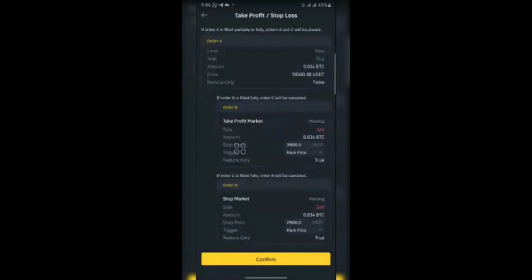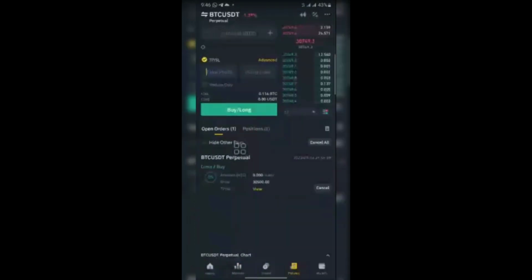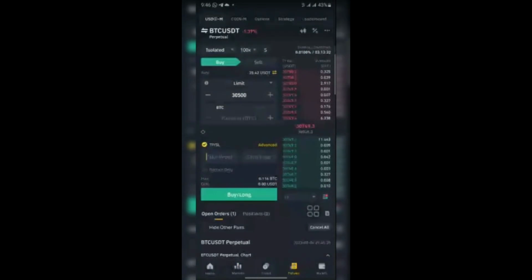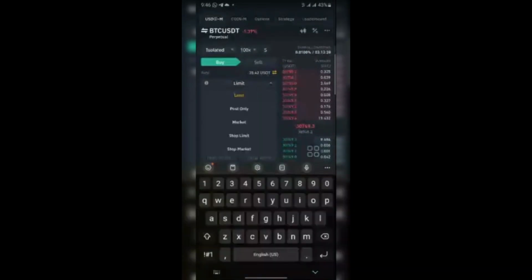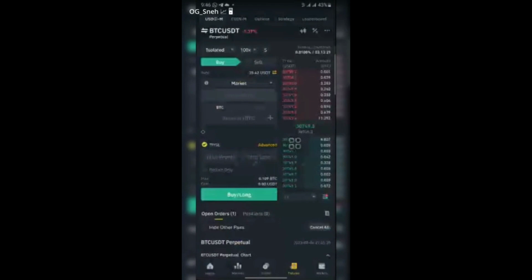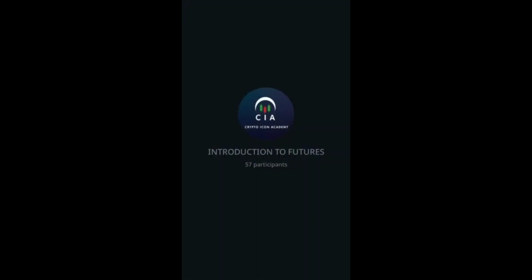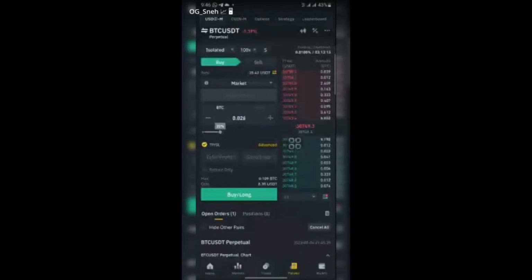So that's a limit order. But let's say you want to enter at the current market price, what will you do? Just come to this limit, then change it to what? To market. I've changed it to market. I want to long. So how much do I want to use? $10. Let's say I want to use $10 to enter the market. Let me reduce this leverage.